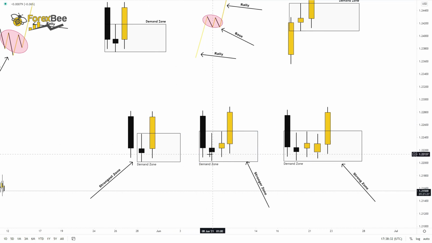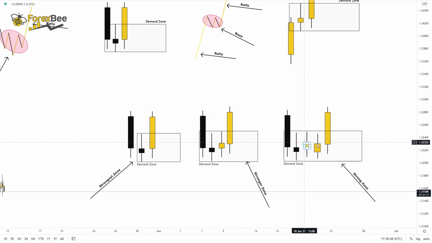And here there are two base candles in between two big candles, so this is also a demand zone, but it is weaker than the strongest demand zone. You can say this is a stronger zone. And here there are three base candles and two big candles sandwiching them. So this is also a demand zone, but not a very strong one.